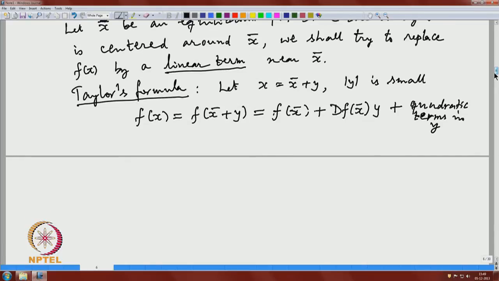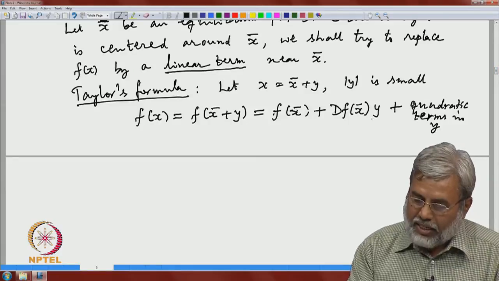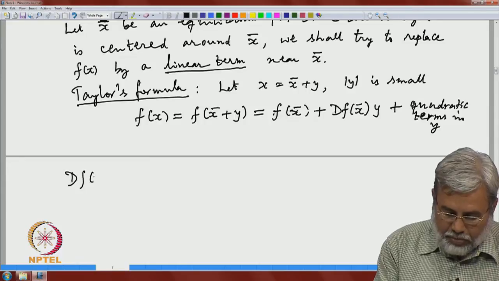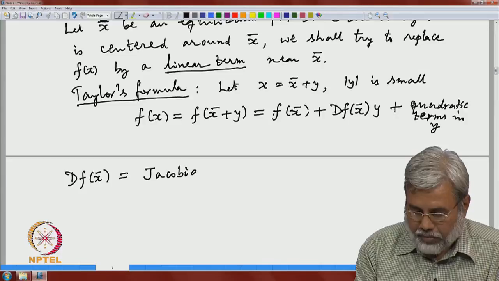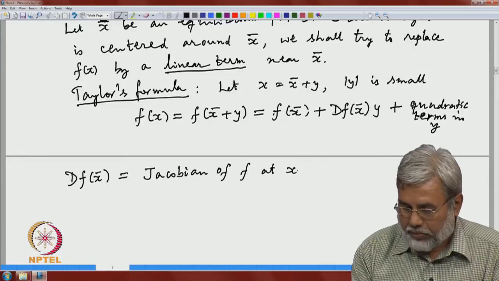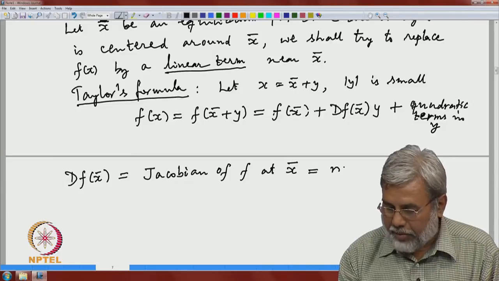Remember f means there are f1, f2, up to fn, and for each fi you can do it. So, this is a vector, y is already a vector, and so this is a matrix. df at x bar is called the Jacobian of f at x bar, and this is an n by n matrix.